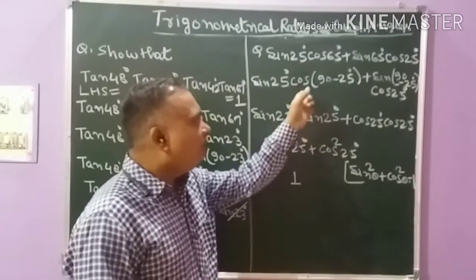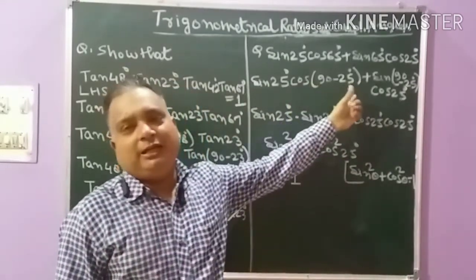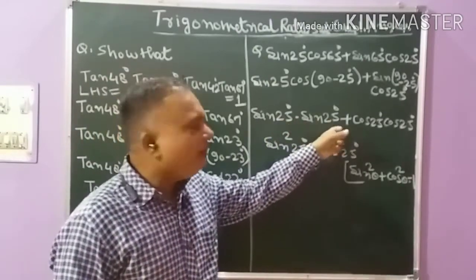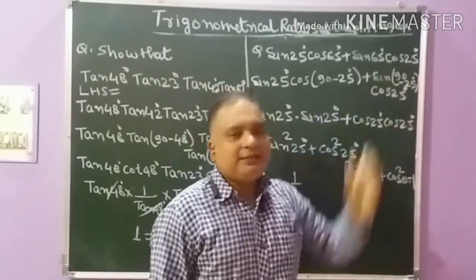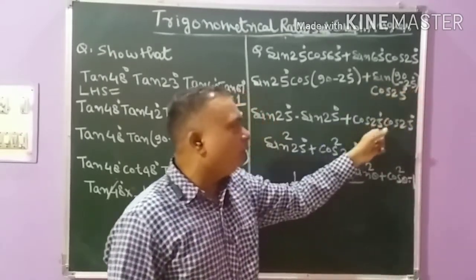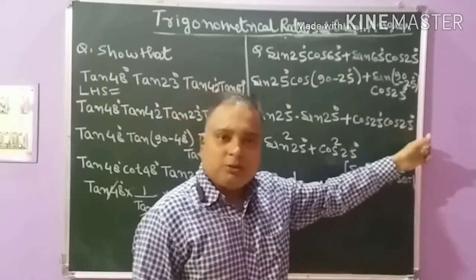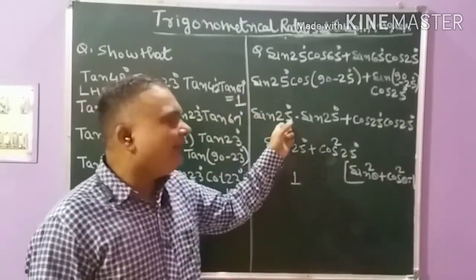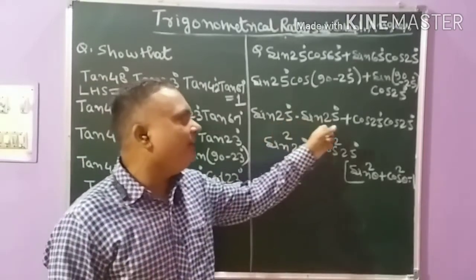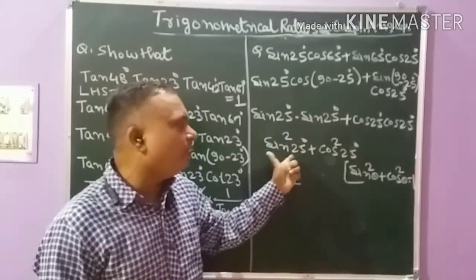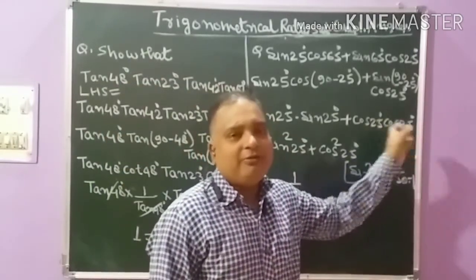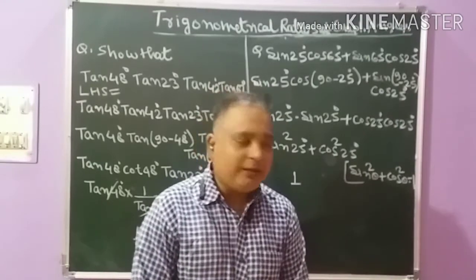We know that cos(90 minus theta) is sin theta. So sin 25 degrees into sin 25 degrees plus, and sin(90 minus theta) is equal to cos theta. So sin(90 minus 25) equals cos 25 multiplied by cos 25 degrees. So sin theta into sin theta is sin square theta. In the same way, sin 25 into sin 25 will be sin square 25 degrees, and cos 25 into cos 25 will be cos square 25 degrees.